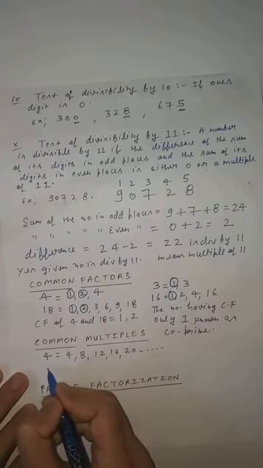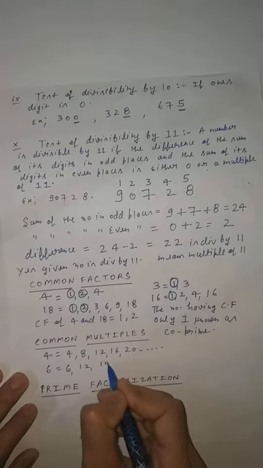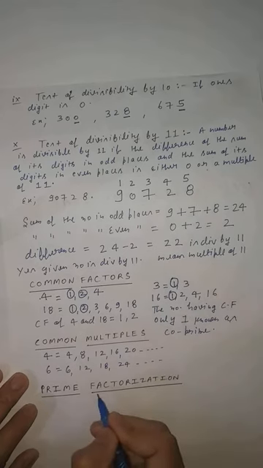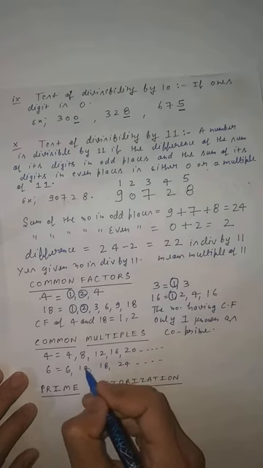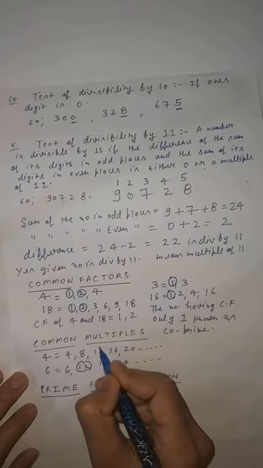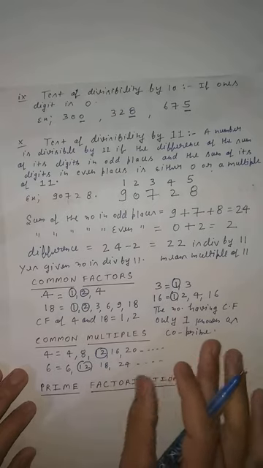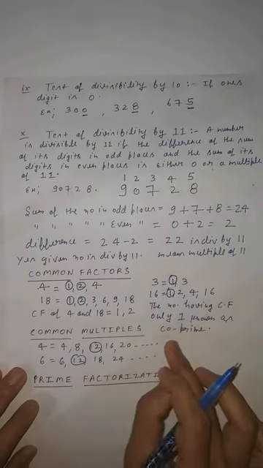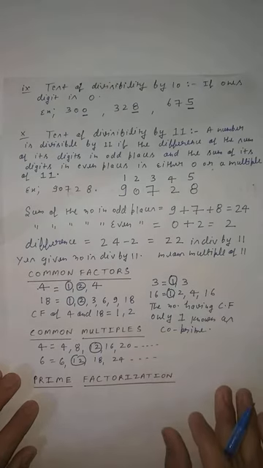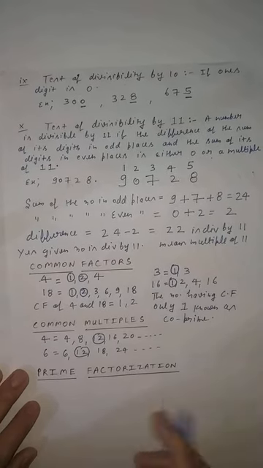And again I take 6: 6 1 is 6, 6 2 is 12, 6 3 is 18, 6 4 is 24 and so on. So here you can say that the first common multiple is 12, and other common multiples you can find when you write the table further. So they are the common multiples. Clear students?